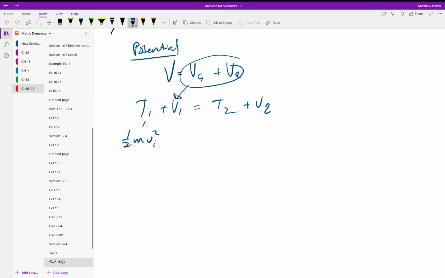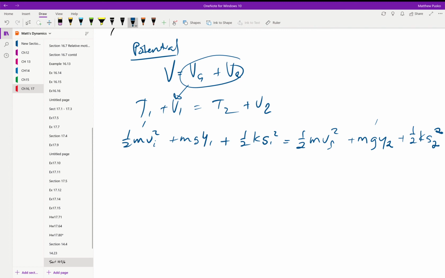Our potential could have some mg Y1, plus some elastic potential, 1/2 k x1 squared. Or it doesn't have to be the x direction, it's just some amount of stretch, so let's call it s. And that could equal some final 1/2 mv squared, plus some new coordinate in the y direction, giving us a different potential, plus maybe a different spring stretch.